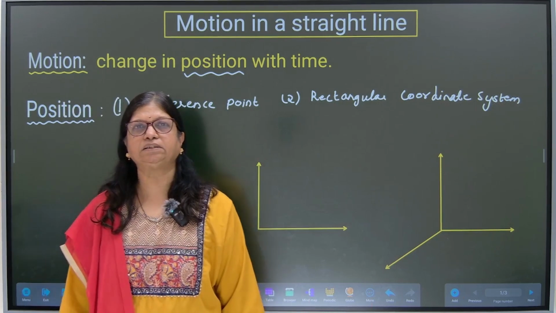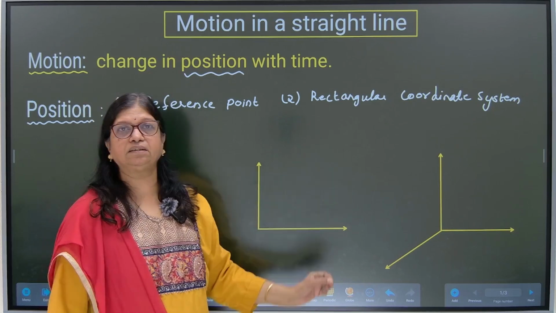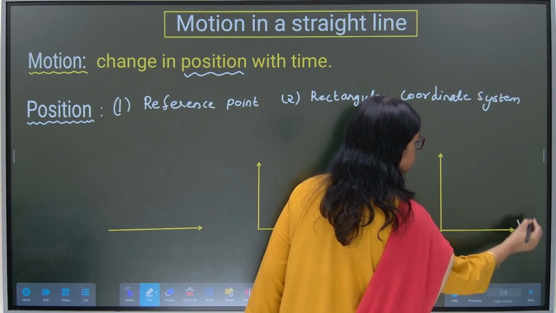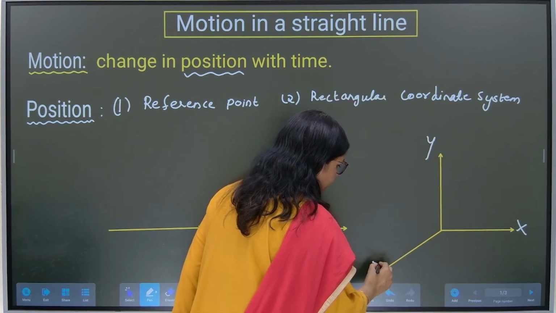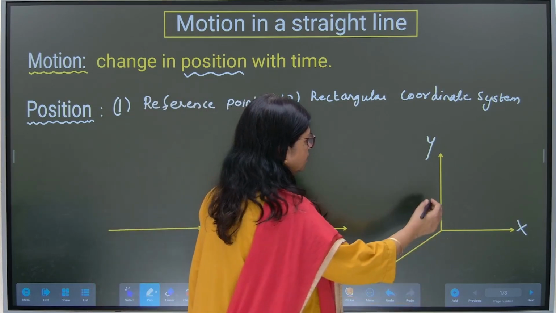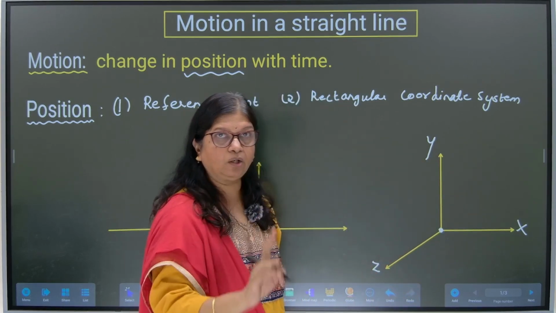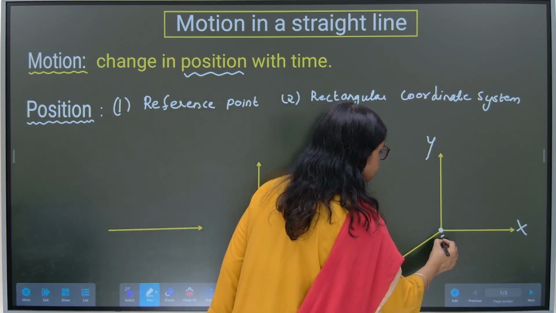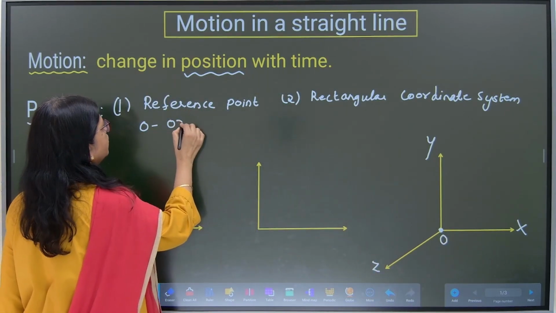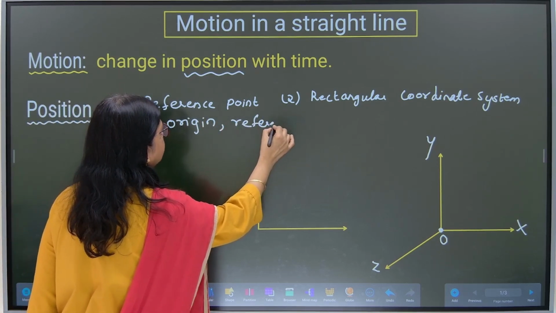So what is this reference point and what is this rectangular coordinate system? Let us consider a rectangular coordinate system which consists of three axes x, y and z. The axes are perpendicular to each other, and they meet at the point O, which is called the origin and which can be considered as the reference point as we want.